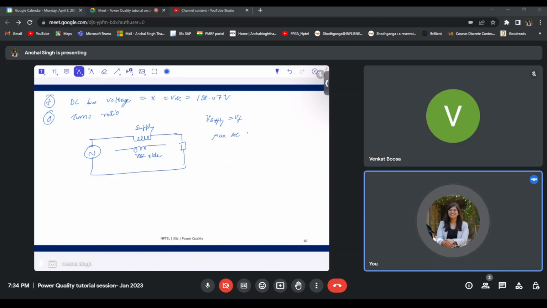For the voltage source converter side, the maximum AC voltage can be found out using the DC link voltage. VDC by root 2, that is 198.07 by root 2, which will give me 140.056.